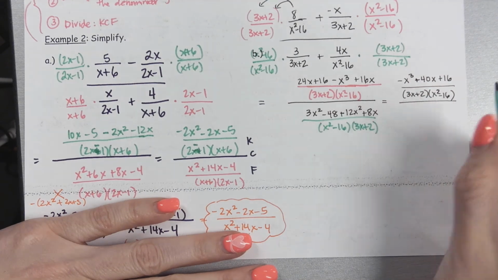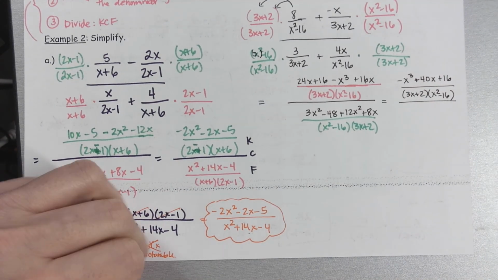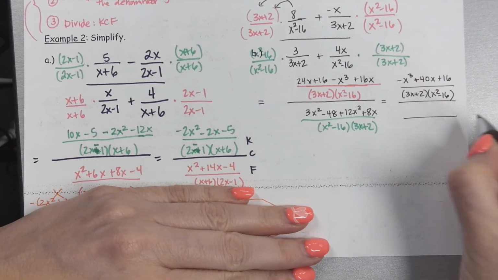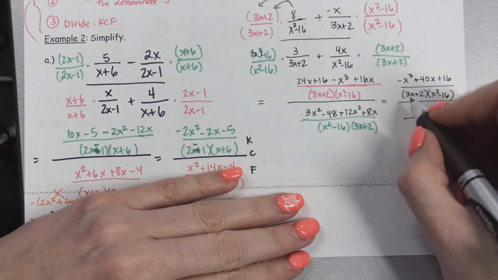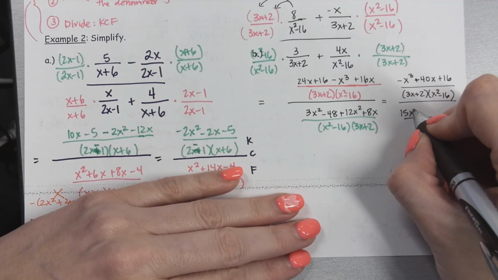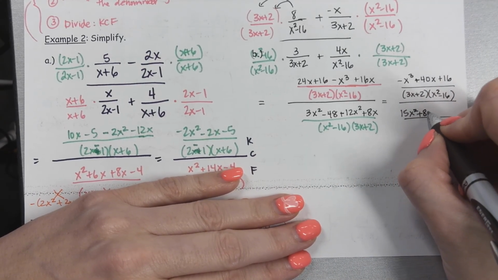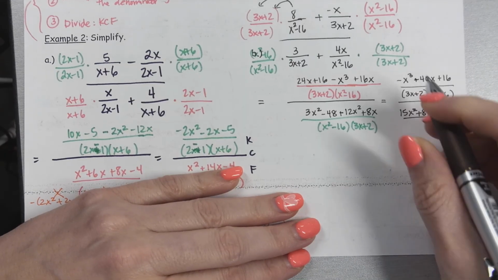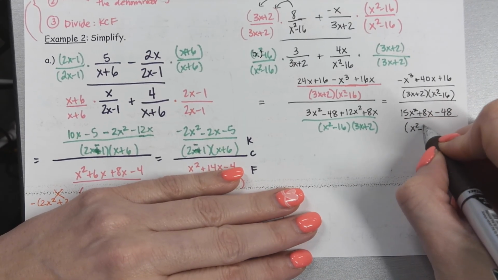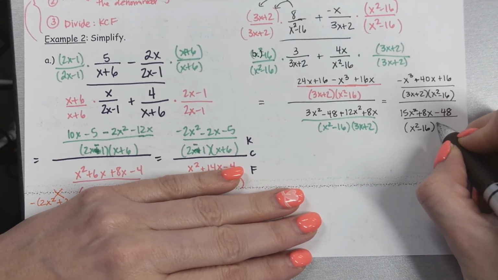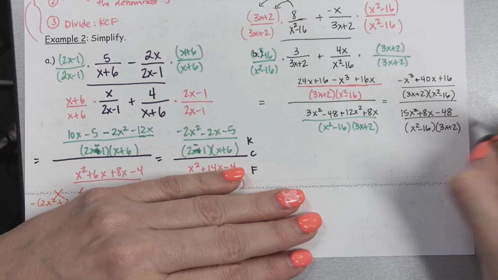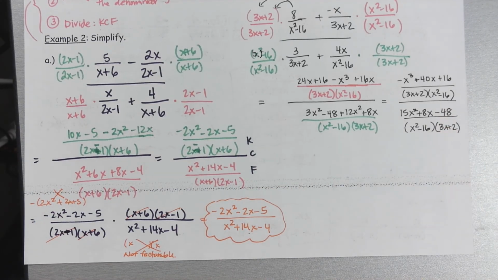Now, based on what we did last time, hopefully you guys can see what's going to happen this time again. So when you simplify, you get 15x squared plus 8x minus 48. And if you do keep, change, flip, what's going to happen? If they have the same denominator, what's going to happen? What happened over here?